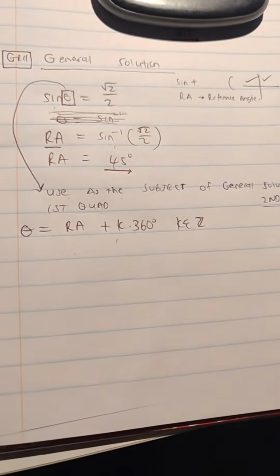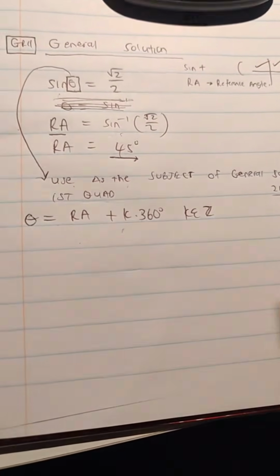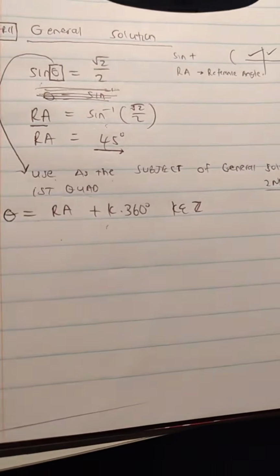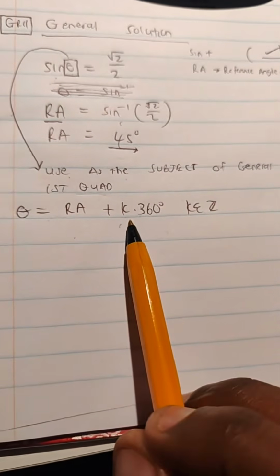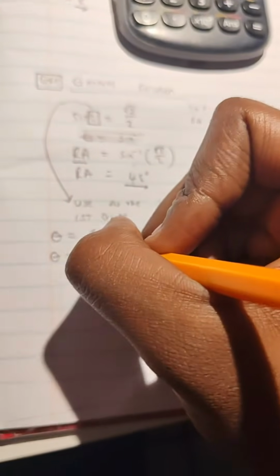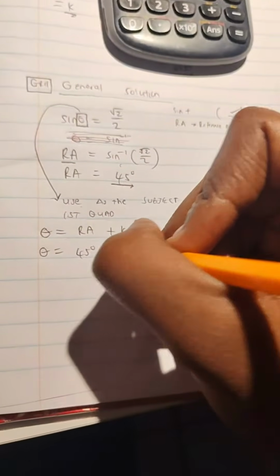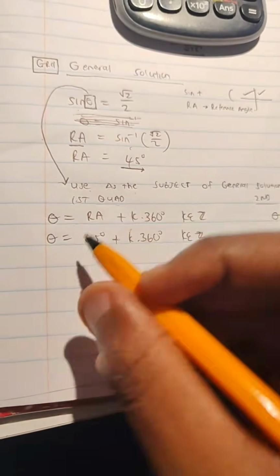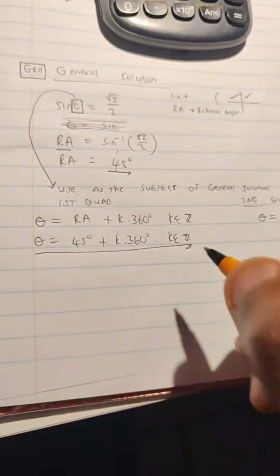That is basically entering into new zones of the angles that we would want in those quadrants, whatever the situation is. So we say theta is equal to the reference angle, 45 degrees, plus k times 360, where k is an element of integers. This is my first general solution.